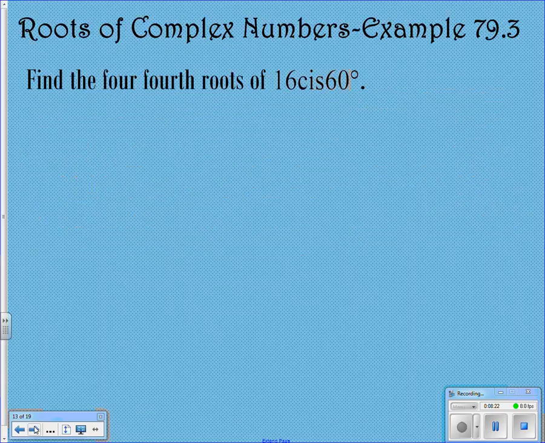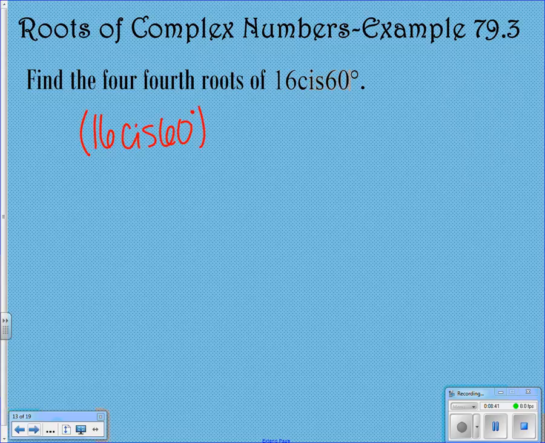So we want to find the 4 fourth roots of 16 cis 60. So on this one, we're going to start off by using De Moivre's theorem. So we're going to say 16 cis 60 degrees to the 1/4.